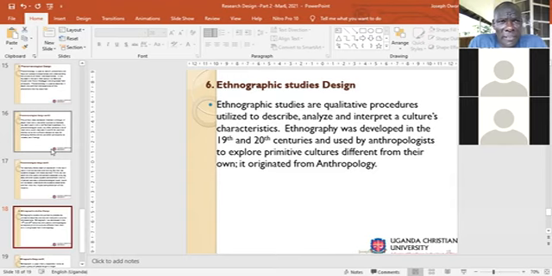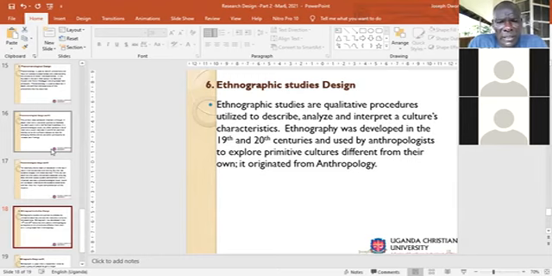After all, the cultures are different from one ethnic group to the other. Why don't we call this design ethnography to help us document the difference between Bagisu and Bachwezi, to help us understand the difference between Bakonzo and Basoga, and so on.